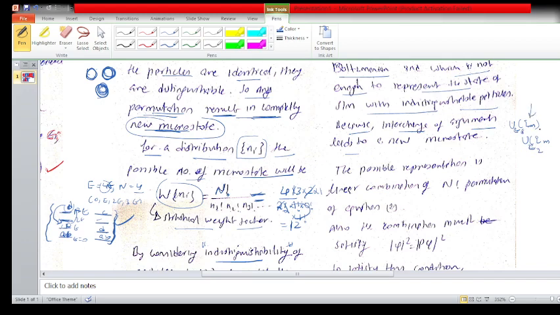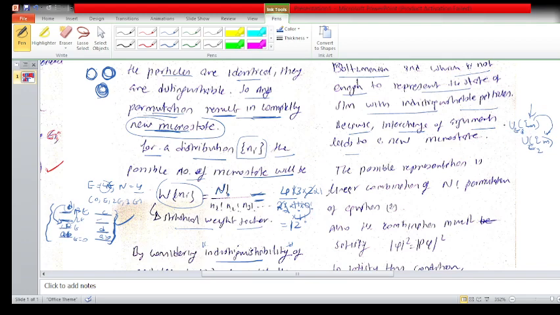But the point is, when you change these two qm values, that will also give you a new microstate in that expression, right?